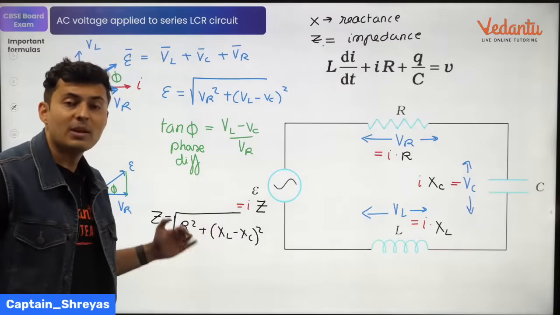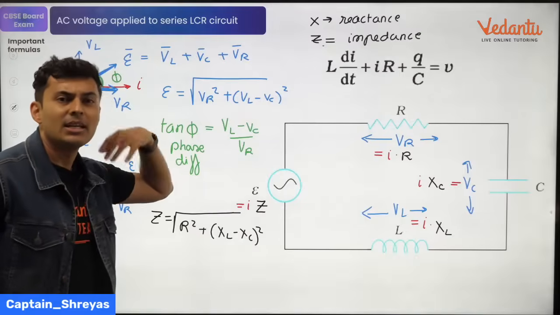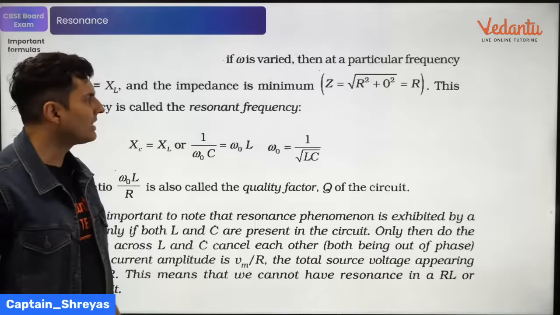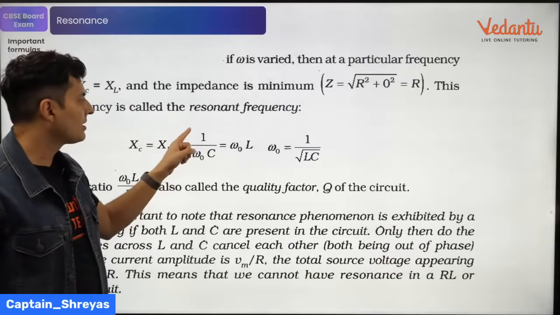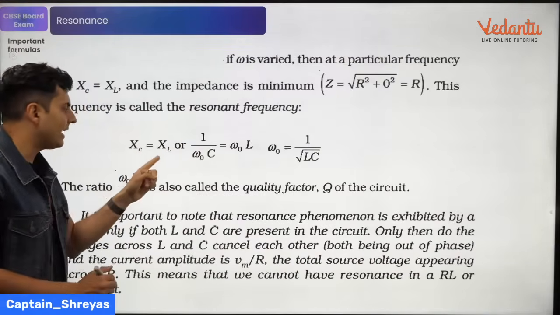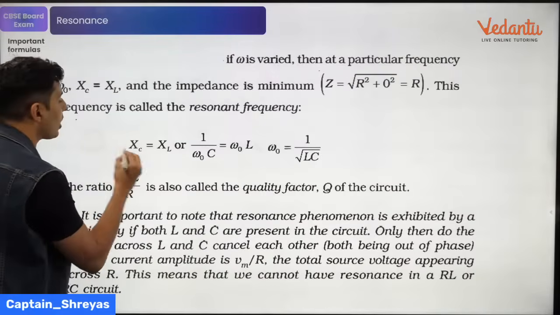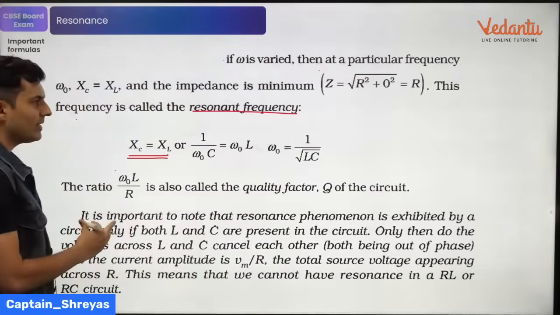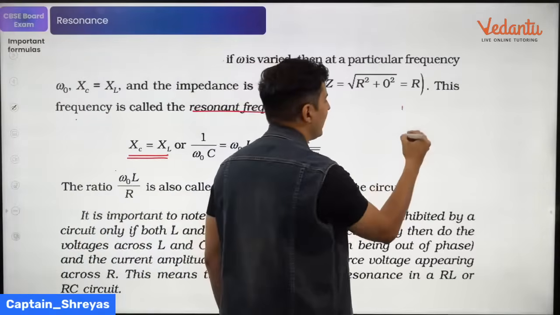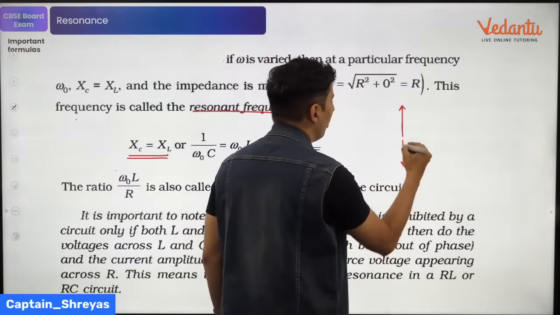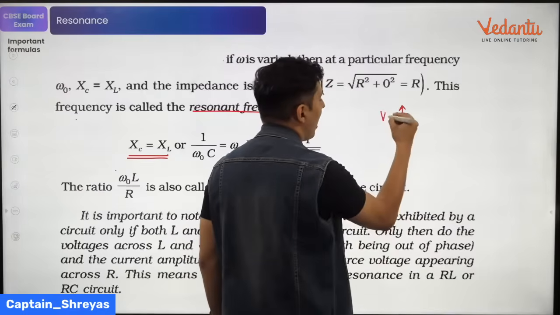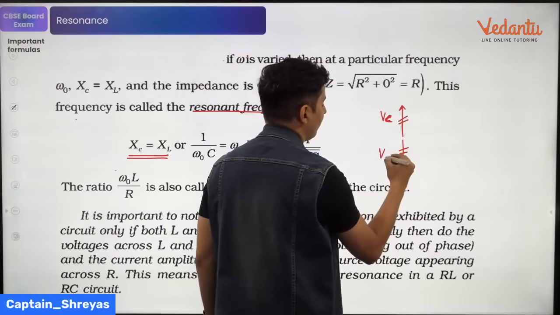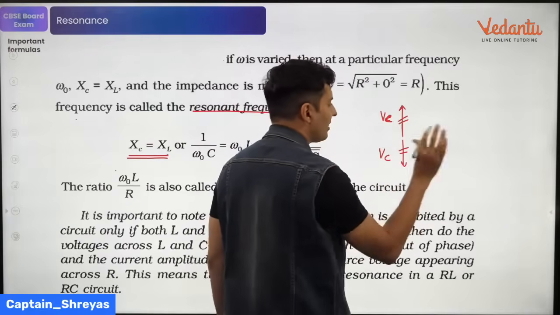That frequency when the current is maximum is said to be the resonant frequency. So you will see that happens when XL and XC both are equal to each other. You get something called the resonant frequency. So in the phasor diagram, you will see both VL and VC are equal. They cancel out each other.